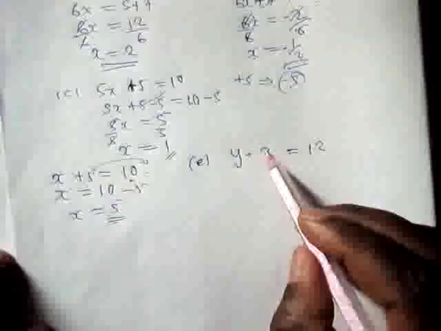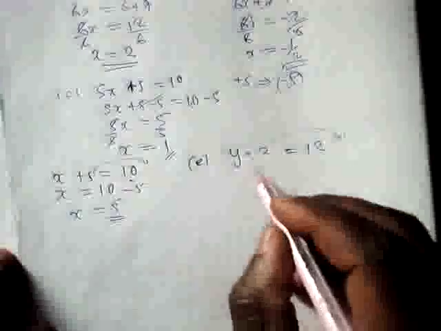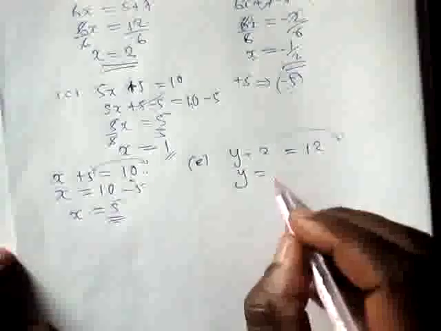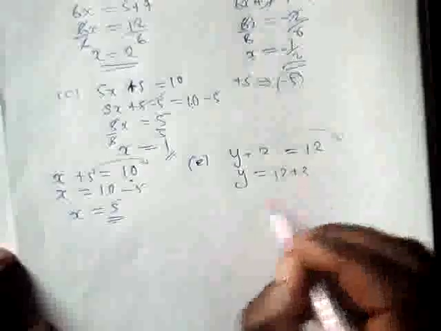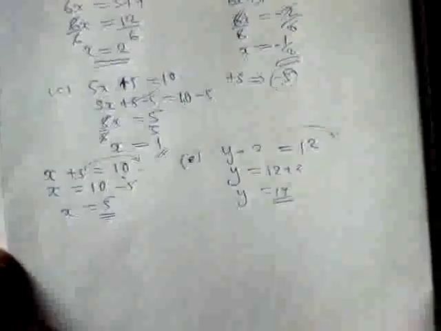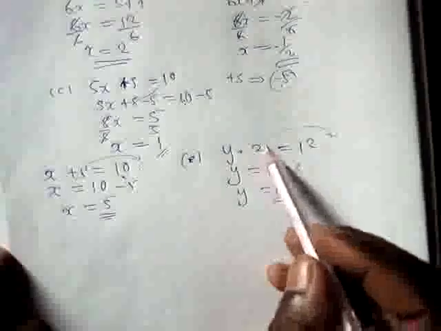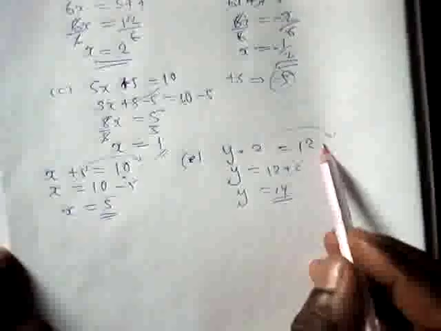So this is negative 2. So when it goes that side, it will be positive. So y is equal to 12 plus 2, which is y is equal to 14. This is the answer. Okay, so if you wanted the method 2, you introduce positive 2 here and positive 2 here, then this will remain 0, then there are 12 plus 2, that is 14.